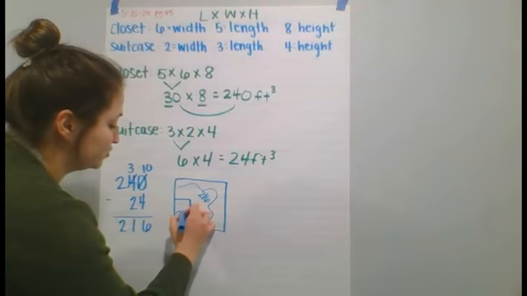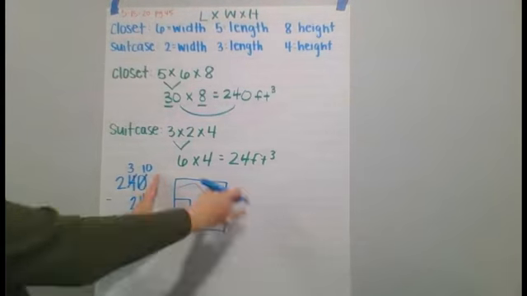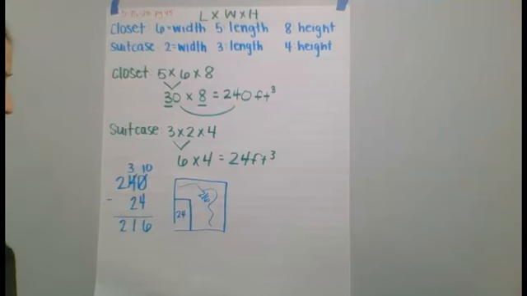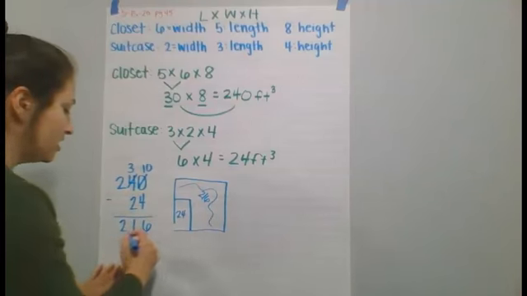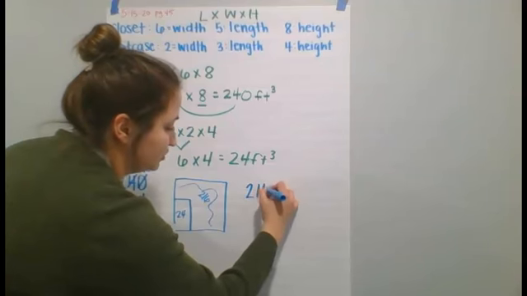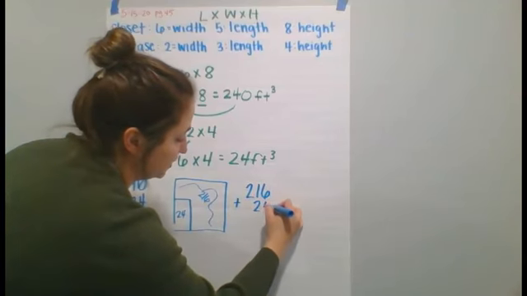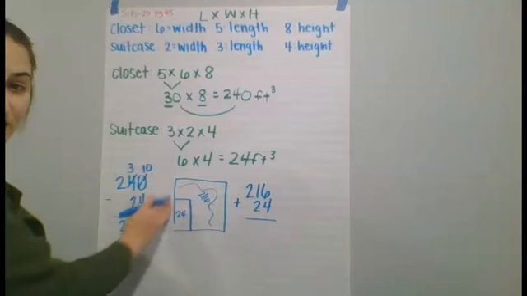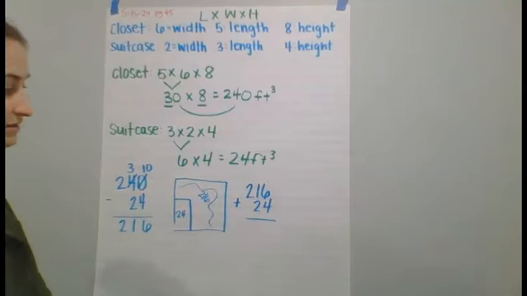And then this is my 24 feet cubed. And all together, these should equal 240. So let's check our work, which means we're going to take 216 and add that to 24. And that should give me my entire cubic feet of my closet.